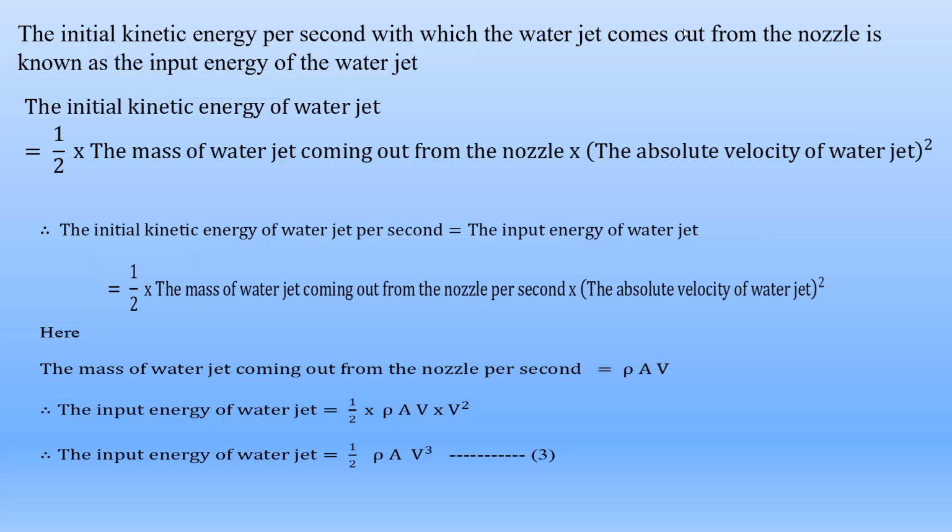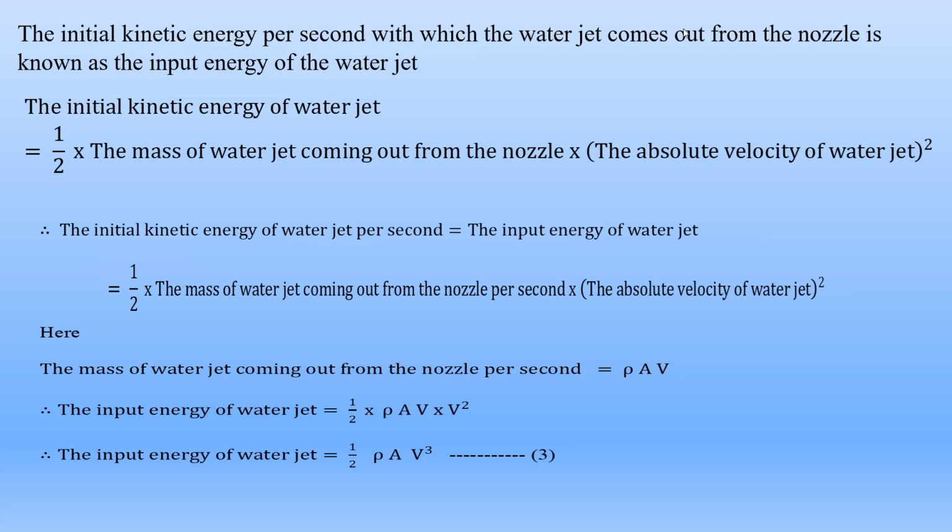When the water jet is coming out from the end of the nozzle, the water jet will have velocity. Because of that velocity, the water jet will have the initial kinetic energy. That initial kinetic energy of the water jet coming out from the nozzle is called the input energy of the water jet.